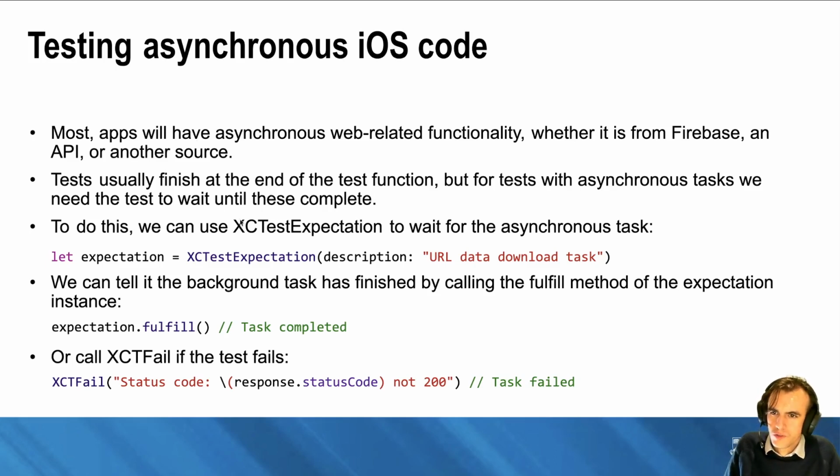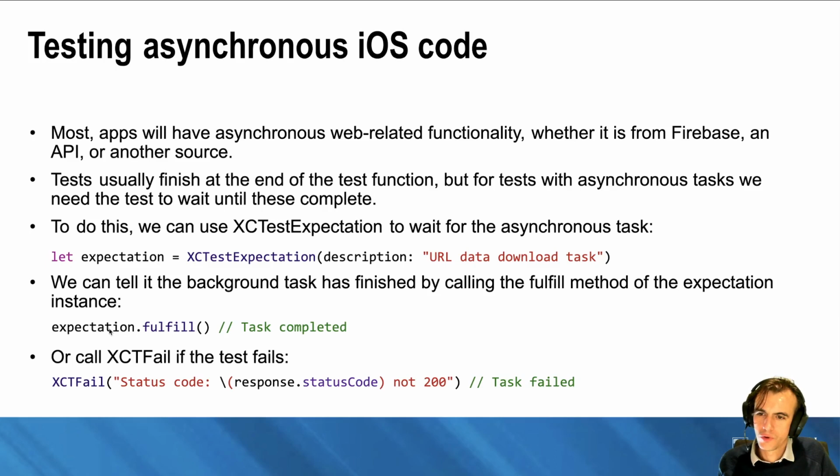So what do we do? We use what's called an XCTestExpectation, and this waits for the asynchronous task to finish. You create an instance of this as so: let expectation equals XCTestExpectation, and you give it a description. And then by virtue of having this in your test case, it'll wait when it finishes until one of two things happens.